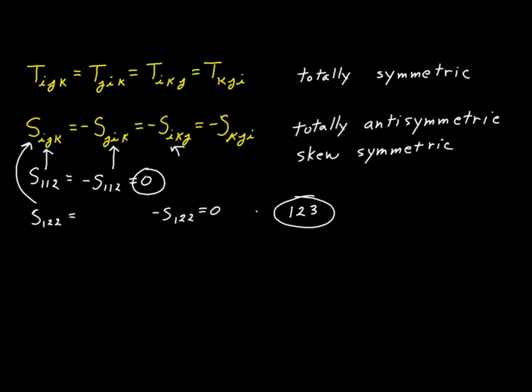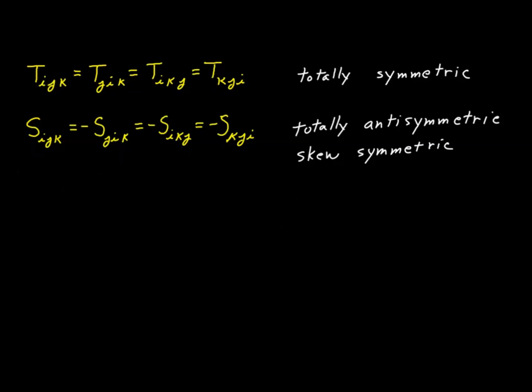It could be any one of 6 expressions because there are 6 permutations here. But out of the 27 elements we're talking about, only 6 of them, the 6 permutations of this, are going to be non-zero. That means that 21 of the elements within this system are going to be 0. Only 6 are going to be non-zero.